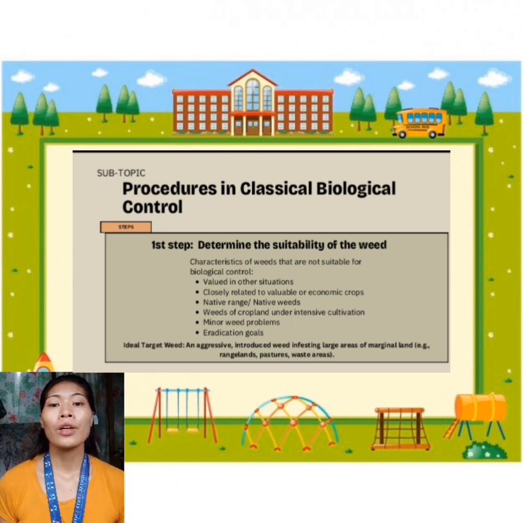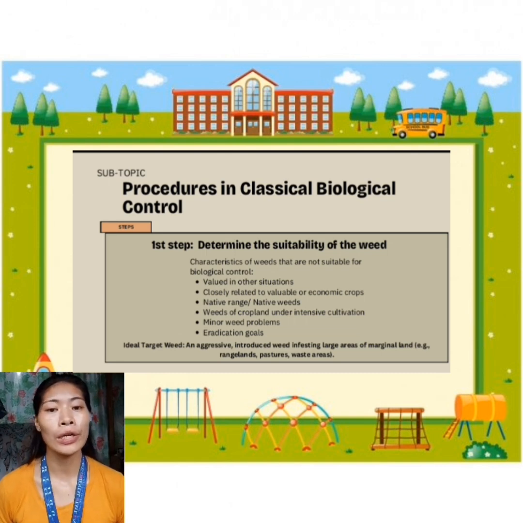Next is the native range. Weeds that are native to the region are generally not suitable because their natural enemies may already be present. Next is the weeds of cropland under intensive cultivation. Minor weed problems or weeds infesting intensively cultivated areas are generally not suitable.